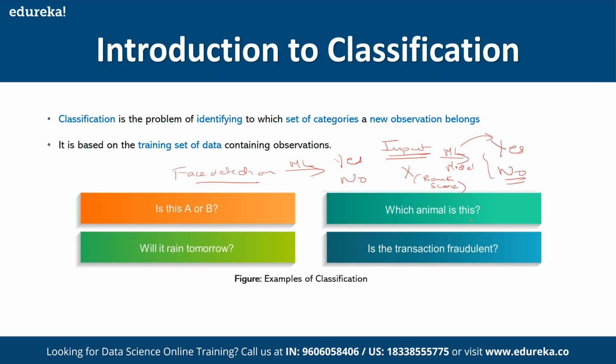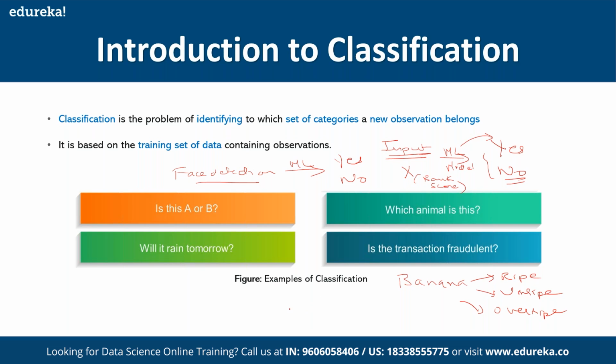Similarly, yesterday I was solving one problem where I needed to say whether a banana is ripe, unripe, or overripe. So what was I giving to the machine learning model?